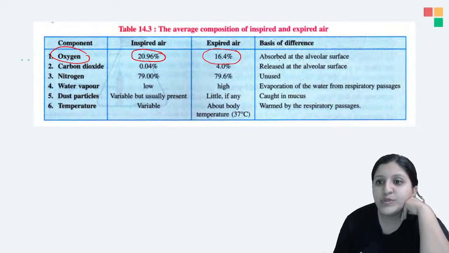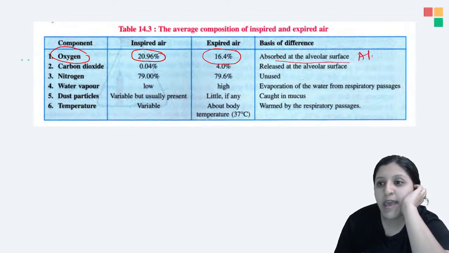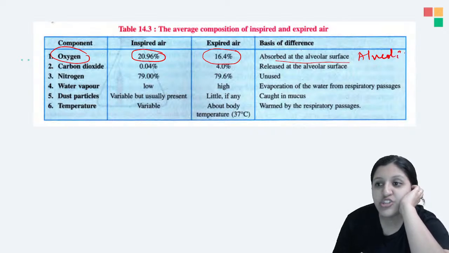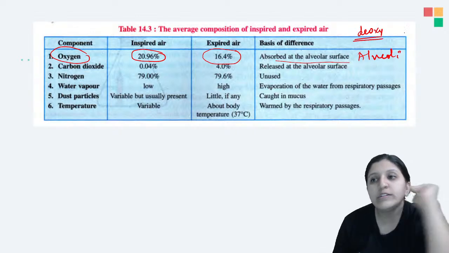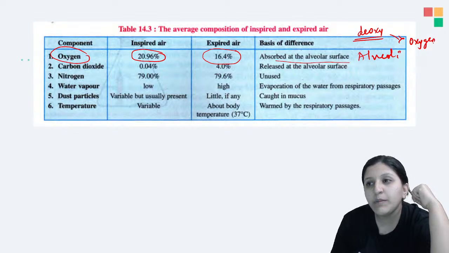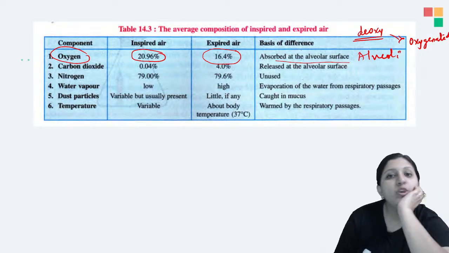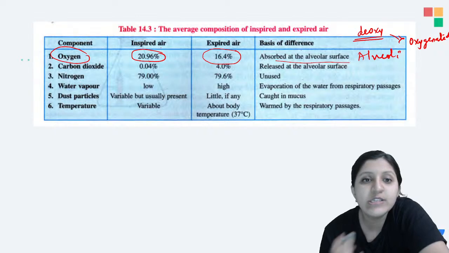Oxygen is absorbed at the alveolar surface, where the exchange occurs. Deoxygenated blood becomes oxygenated blood because you are inspiring air which is rich in oxygen.